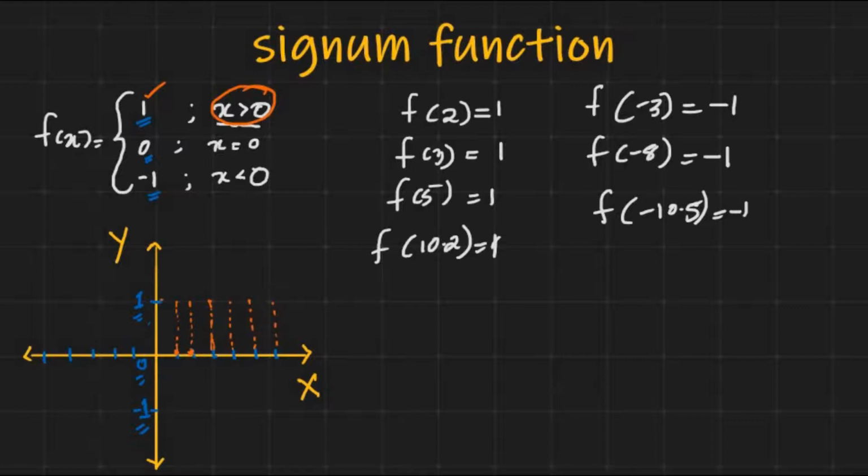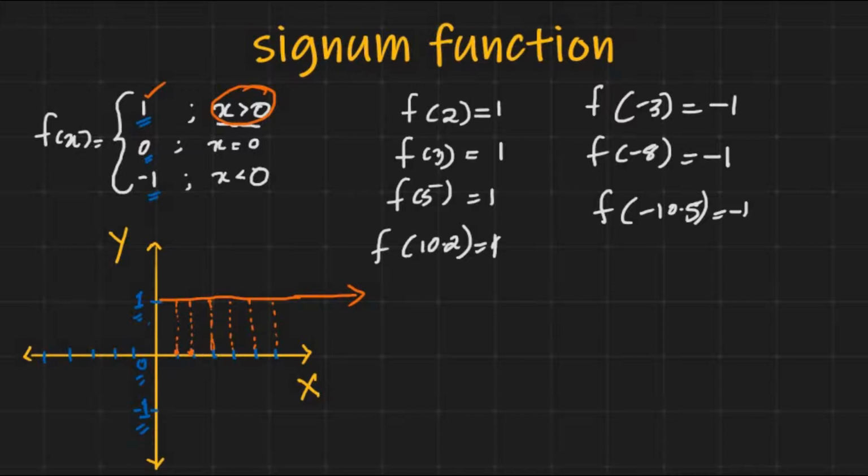Therefore, we can directly draw a straight line which passes through all these output values. That means all those real numbers to the right-hand side of 0 give us an output value 1, and if we draw a line passing through those output values, we will get a straight line which passes through 1 to the right side of the coordinate plane, as you can see in the figure.